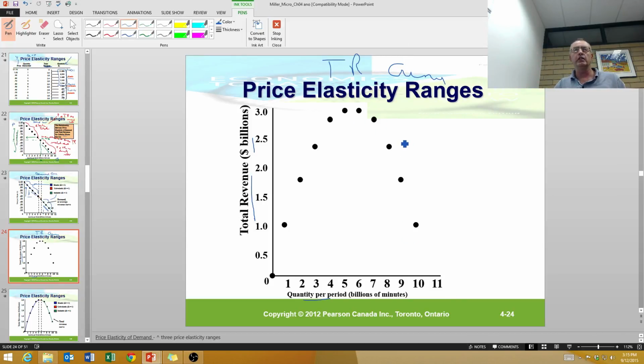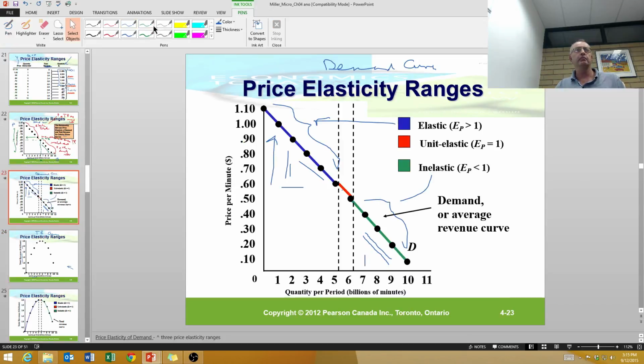We're going to see in a minute that this diagram maps back to this diagram. That's why they're using quantity on the x-axis in both diagrams, even though to me it's counterintuitive.